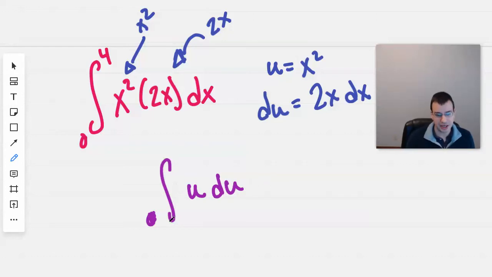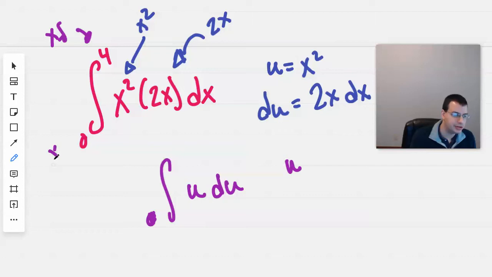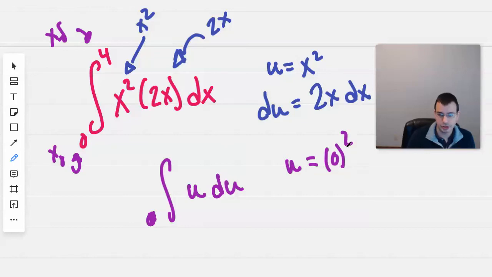And since I left off these limits of integration, we should probably find those. If we know that u equals x squared, this up here is x final, this down here is x initial. So for x initial, u equals 0 squared.